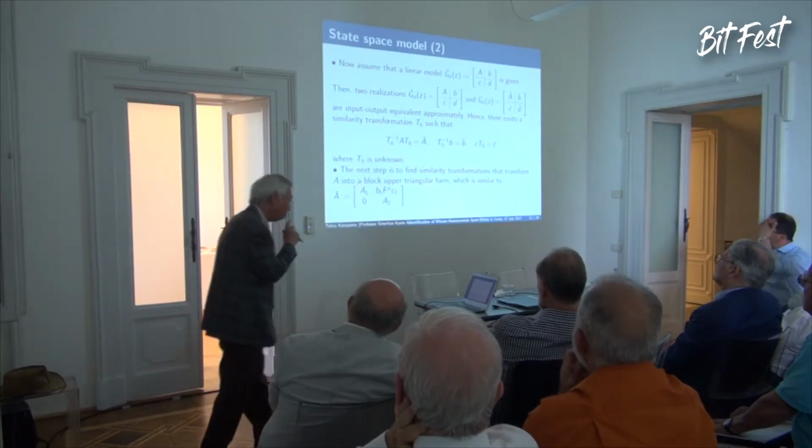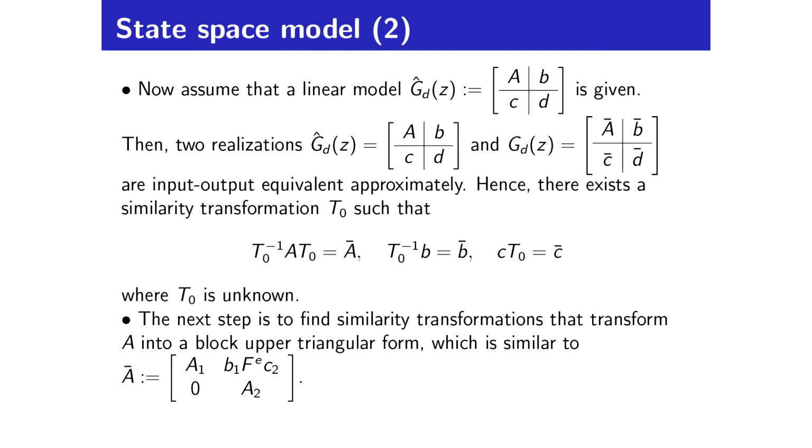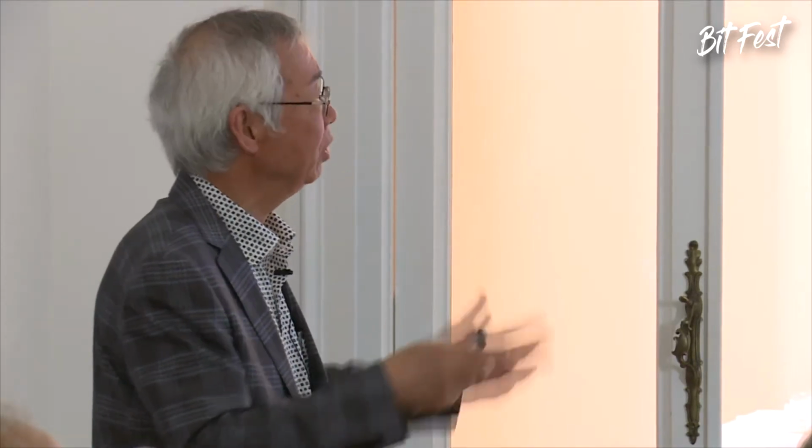Now, here we assume that the linear model is given. Variables without any subscript or superscript are computed from the given data. If we use some hats here, it complicates the notation, so I simply write it in this way.